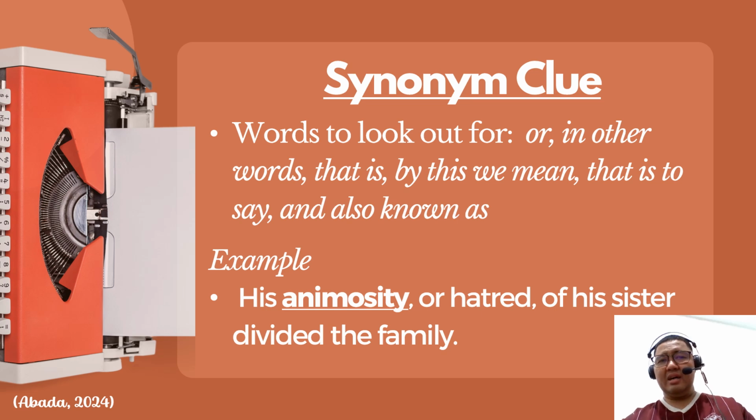Here, we have the underlined word animosity, and the word you have to look out for, or: animosity or hatred. That means animosity is synonymous to hatred. So when you read sentences that use the word animosity, you would know that there's hatred in it.